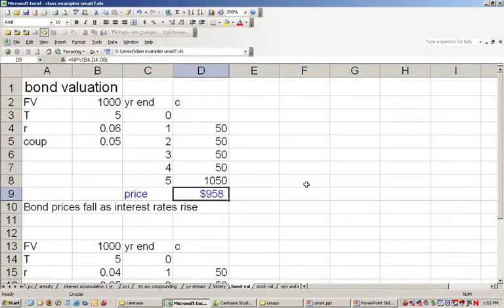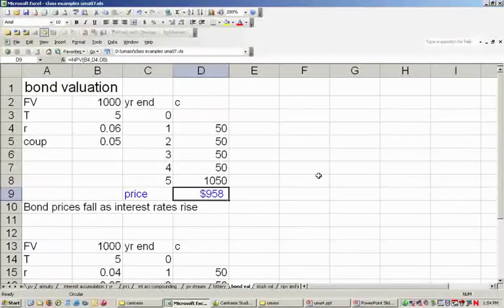A third important interpretation is that bond buyers who purchase these bonds from Dandy Crowing Company for $958 and receive $50 per year in interest payments for the next 5 years and $1,000 at the end of 5 years will effectively earn 6% on their money.